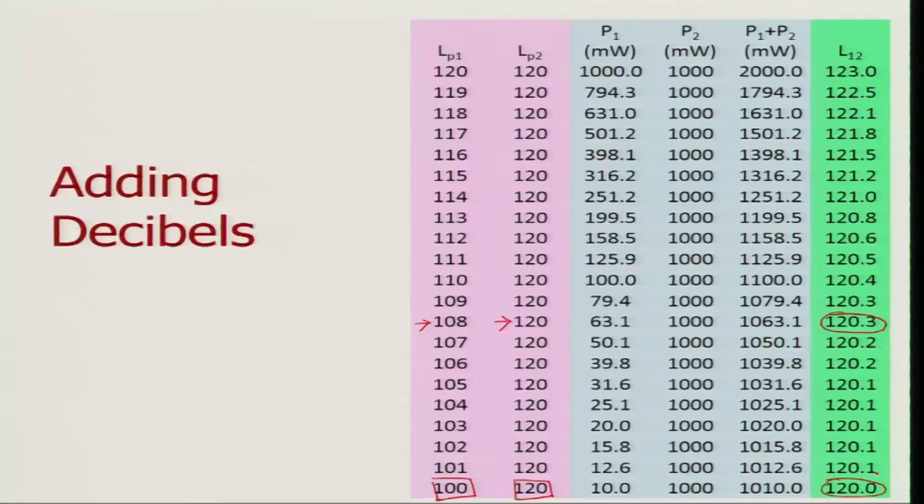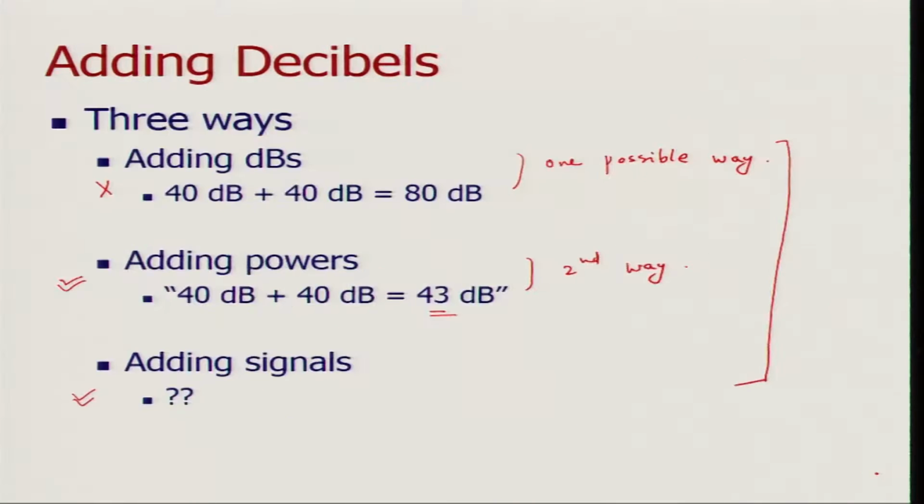Now, I had mentioned that we could add in this possible way, and we had said that this is wrong. This is one way we have added, where we are adding up powers, and by adding up powers we add up 40 decibels and 40 decibels and we get 43 decibels. Here we are adding up powers.